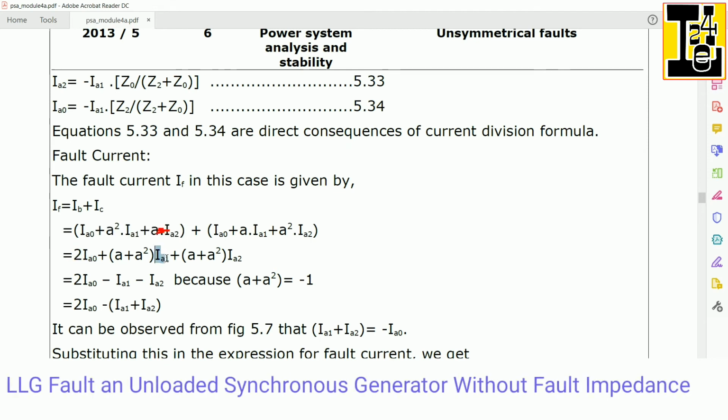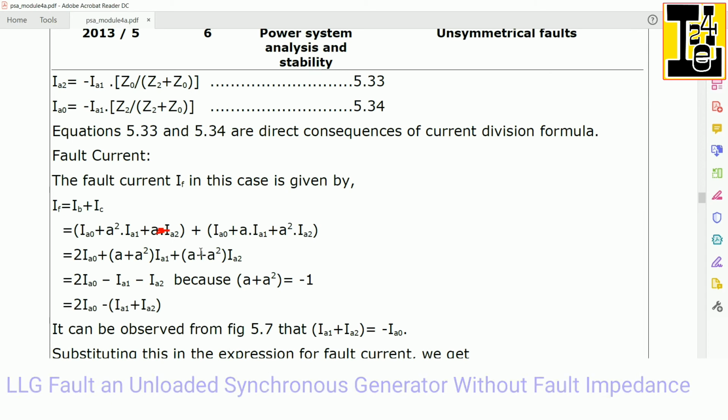Taking IA1 common, inside is A plus A square, and taking IA2 common, remaining inside is A plus A square. We know that A plus A square is minus 1. Substituting here, it becomes minus IA1 and minus IA2.